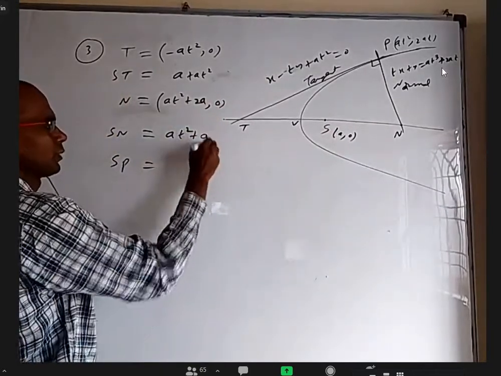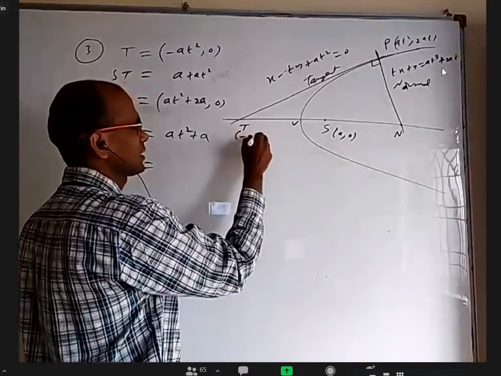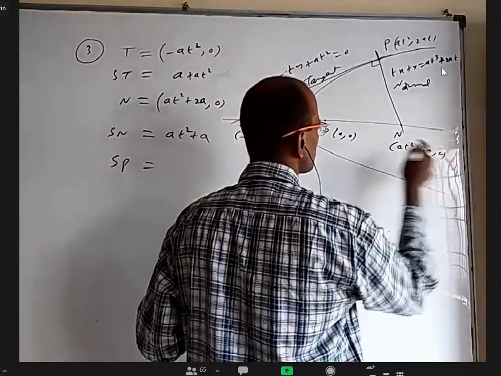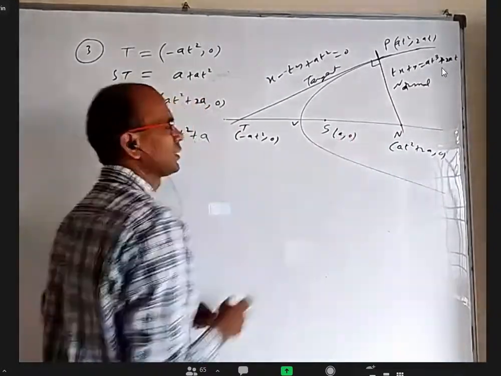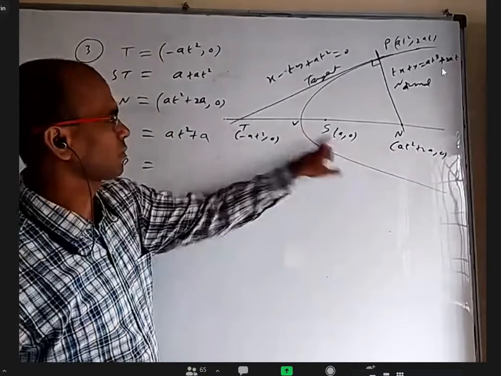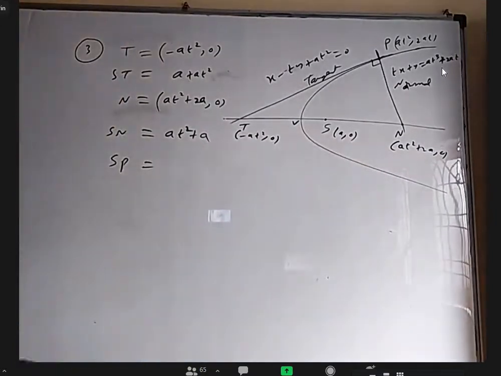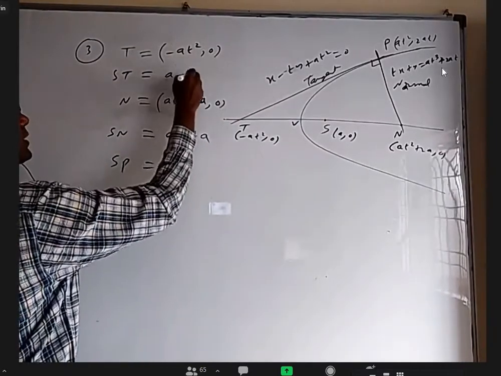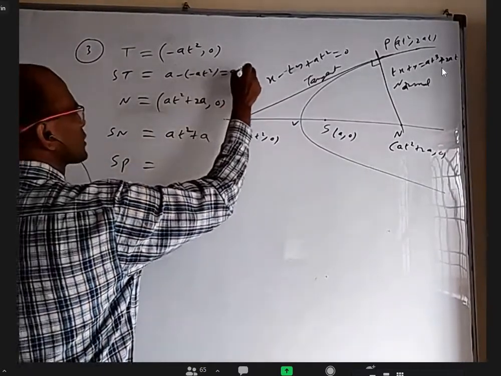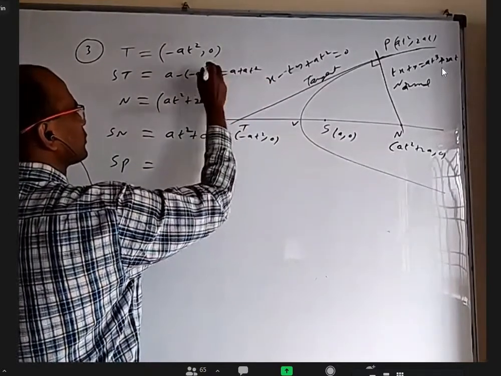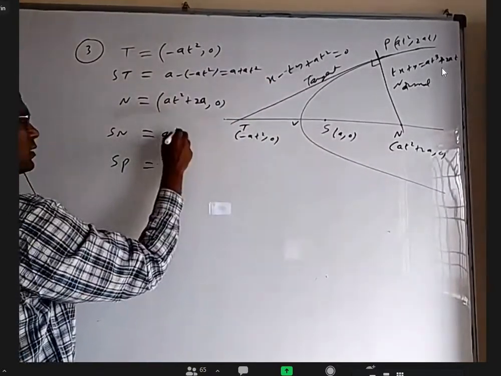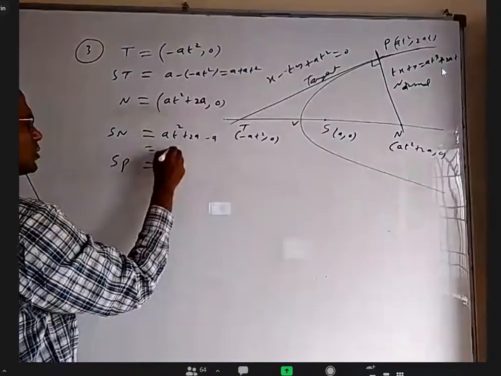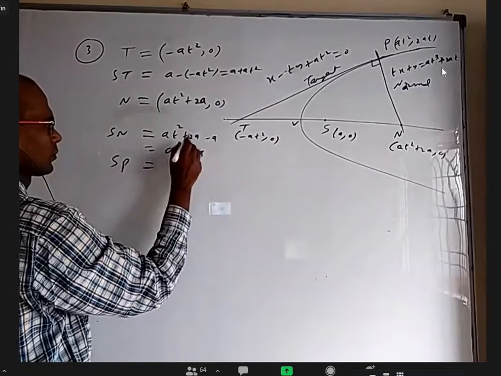See, this is (minus at², 0), this is (a, 0), this is (at² plus 2a, 0). If you want this distance from this, subtract this. That is a minus (minus at²), which is a plus at². This is actually at² plus 2a minus a, which is at² plus a.